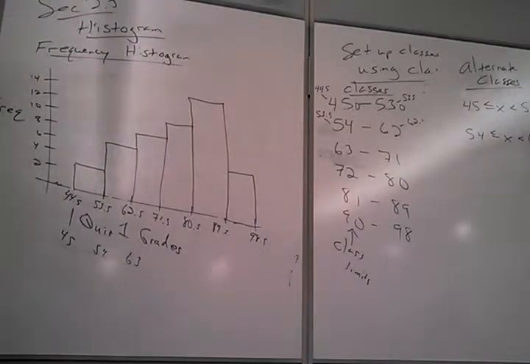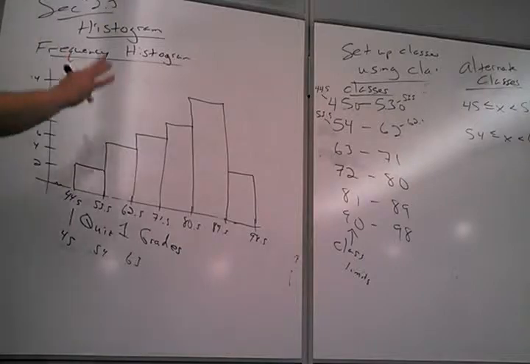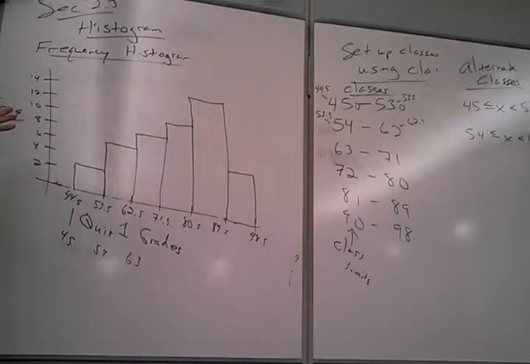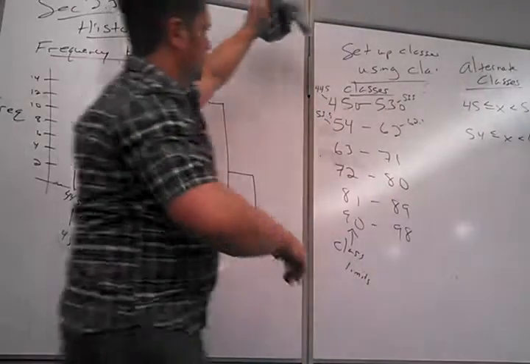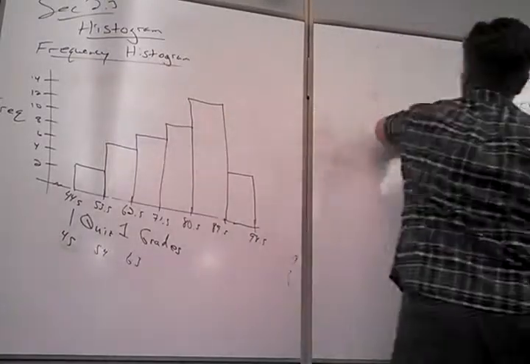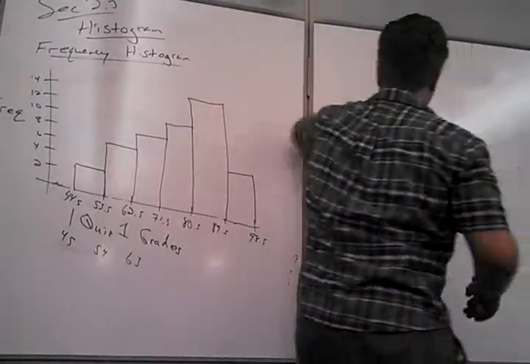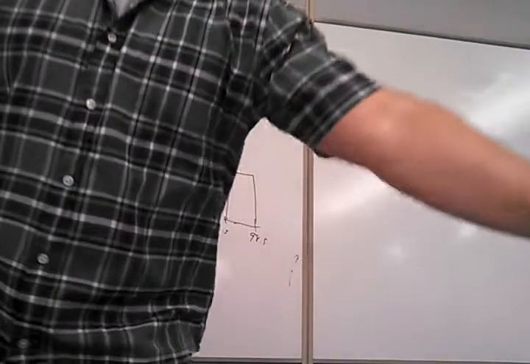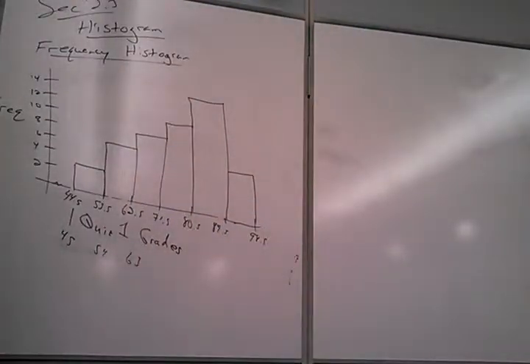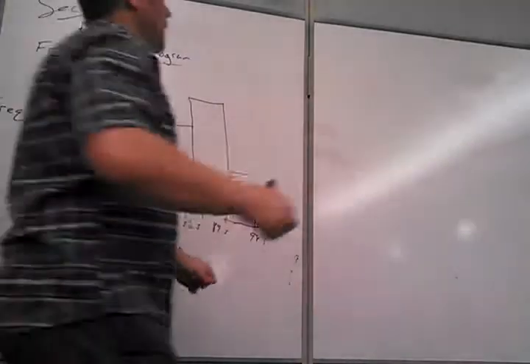Okay? So everybody got what they want here? Let me leave that up there for a visual. So I'm going to put it in order today, and the next time we're going to do how the calculator can do that for us for a large set of data. I don't want to do that by hand.